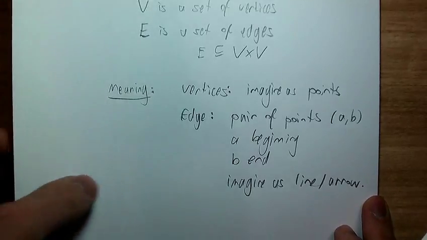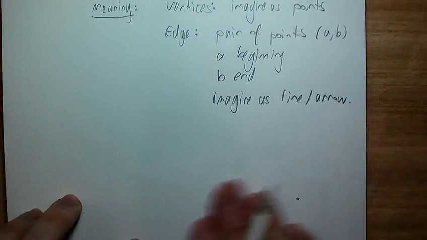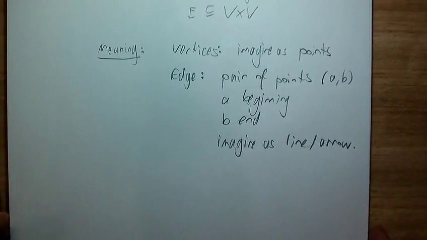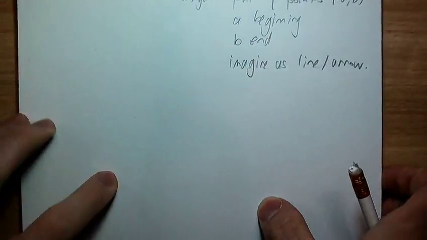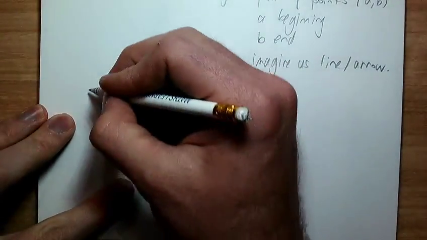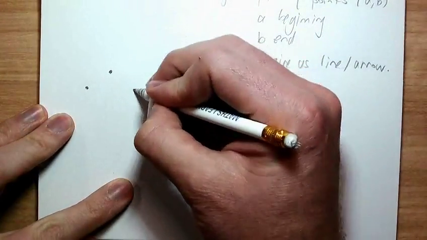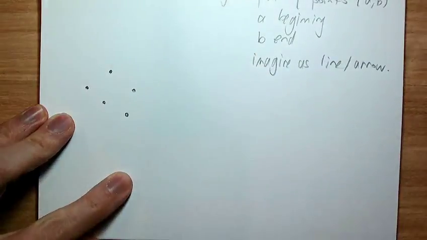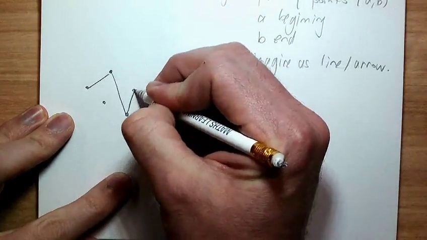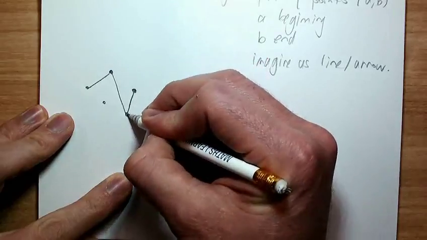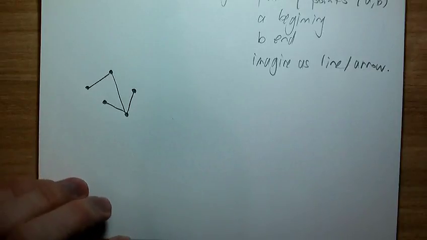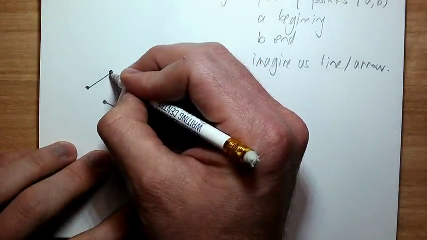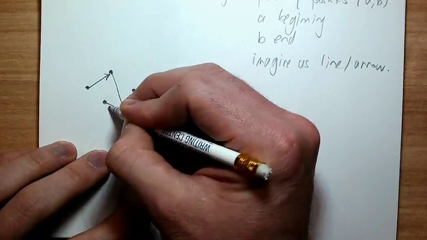And so whenever you have a definition of something, you want to have examples that look like that so that you can tell what is and what isn't. So it looks like we could have something like this. That would be a graph, but graphs will often have, in the traditional version, all arrows.